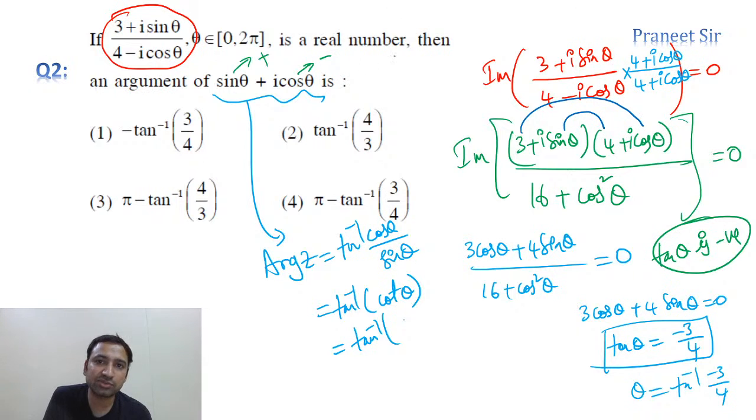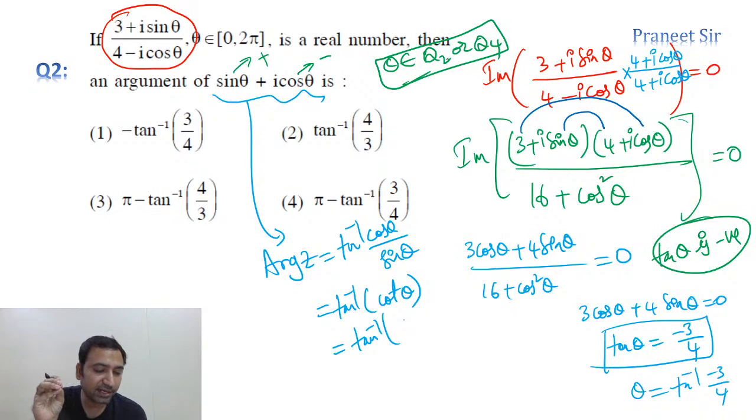Theta belongs to either Q2 or Q4, sorry. Tan theta negative means either second quadrant or fourth quadrant. In the second quadrant we get positive, negative. What about the fourth quadrant, guys? In the fourth quadrant we get negative, positive. Clear?